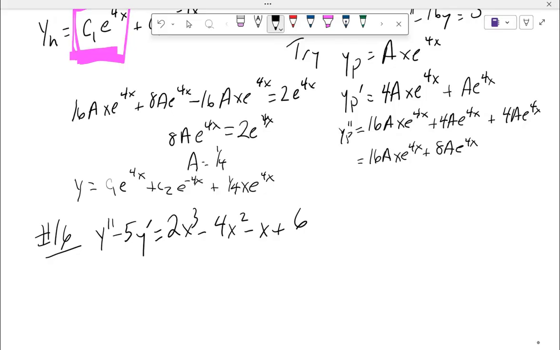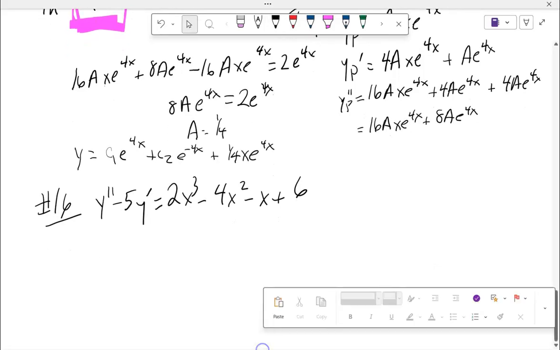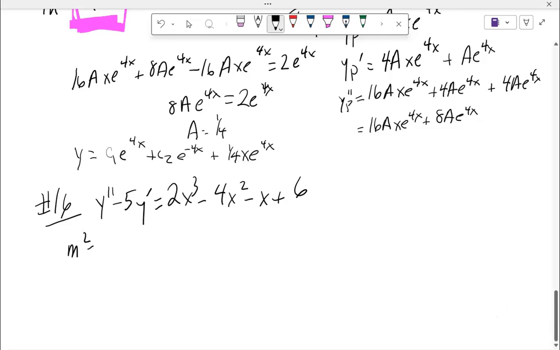Sorry. It's a y double prime minus 5y prime. Characteristic equation. Good. Factor out the m. Our solutions become 0 and 5.